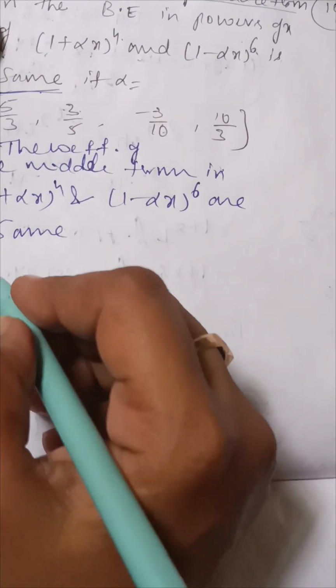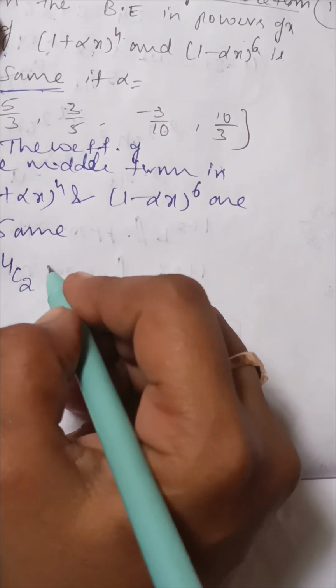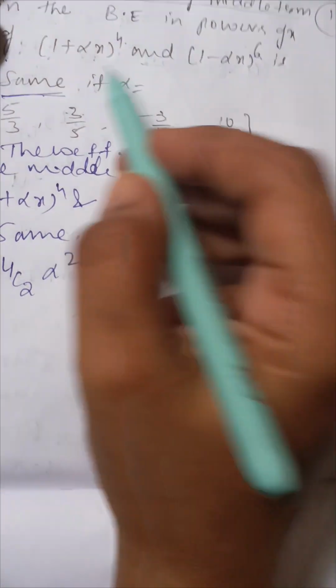So the coefficient of the middle term is 4C2 α^2.